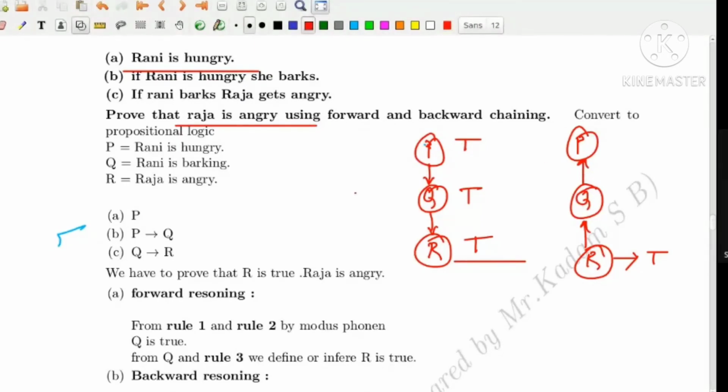But in this problem, P is true is a given fact. So I can say that Q is also true, and if Q is true, I can also say that R is true. Okay, so in this way, by backward reasoning, I can say that Raja is angry has been proved.